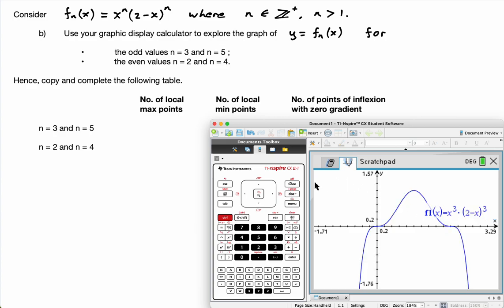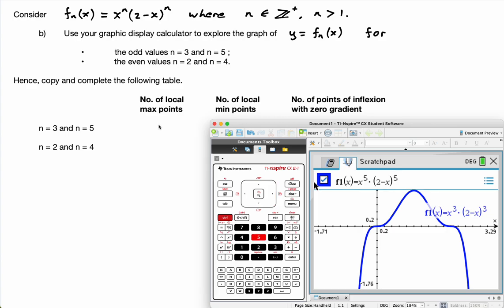What about the one for 5? Now, I'm assuming, because of the question, this is going to be the same. It's going to have the same answers, because in the table that we need to complete, there's only one space. So when I put in 5 here, I'm expecting 1 maximum, no minimums, and 2 points of inflection with 0 gradient.